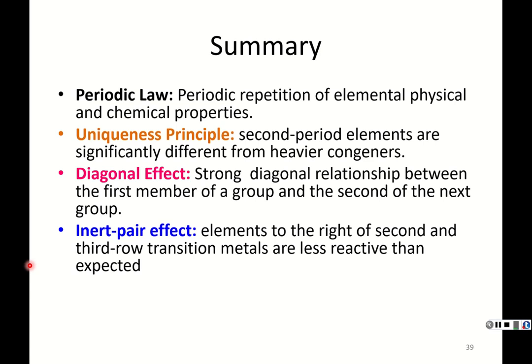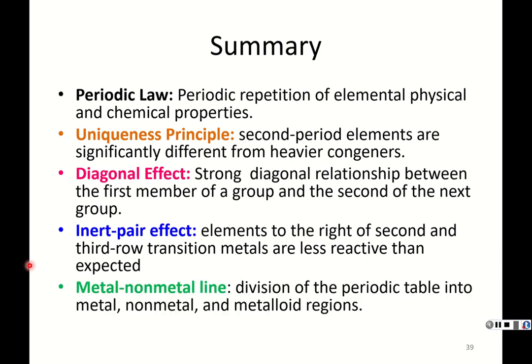They are less reactive than expected, because they have a higher effective nuclear charge than would be expected, because of the poor shielding from the F and D electrons. And then finally we talked about that metal-nonmetal line, which is the division of the periodic table into metals and nonmetals, and gives the metalloid region. So the elements that border that line, all except aluminum, are considered to be metalloids.